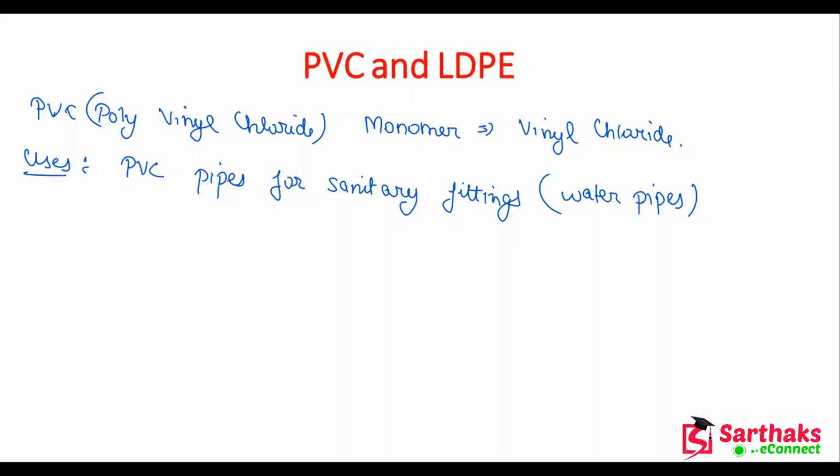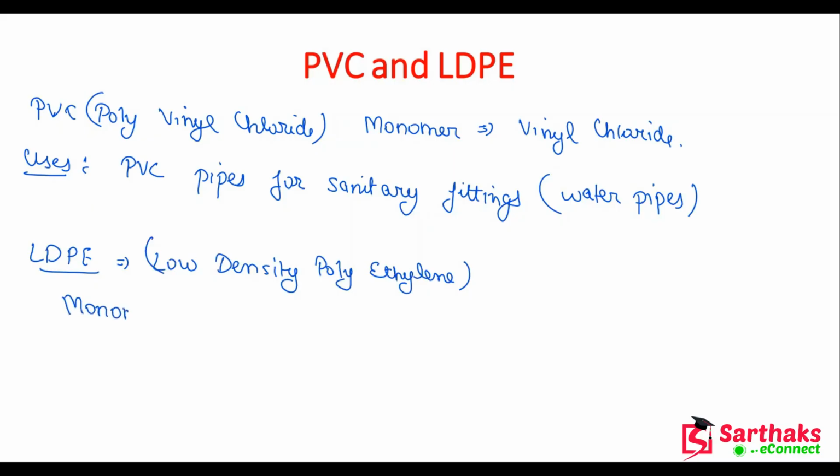Now the next is LDPE, also called low density polyethylene, and the monomer unit is ethylene, or ethene.